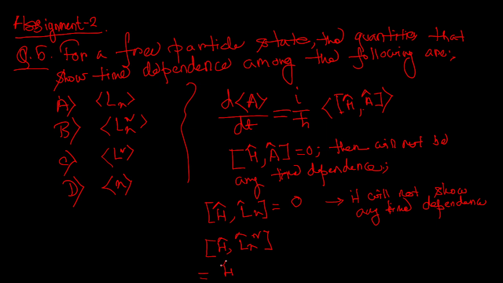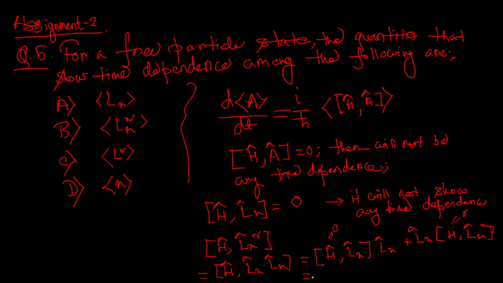We can think of it as Lx dot Lx. So if this term is 0, then this term is also 0. So please rectify: this will not show any time dependence.